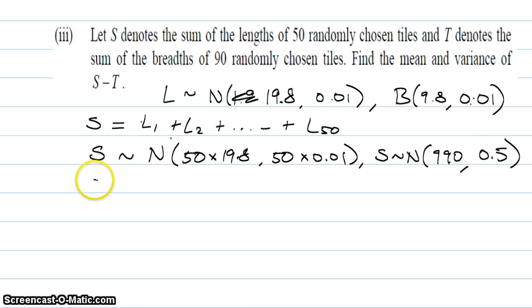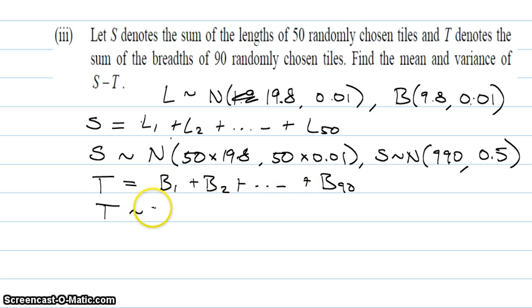What about T? T is equal to b1 plus b2 plus all the way up to b90. So T, again, as the sum of normally distributed variables, is also normally distributed. Its mean is just going to be 90 times 9.8.